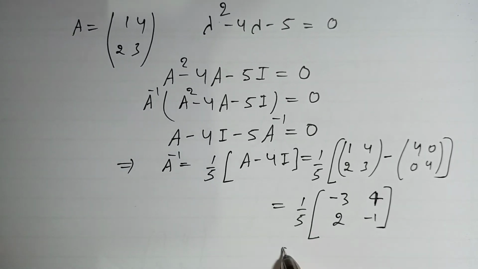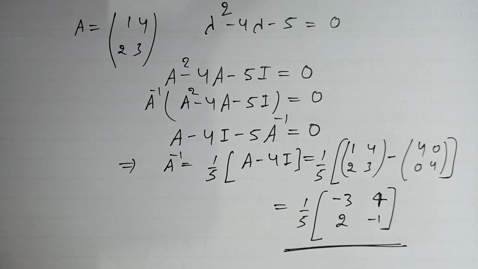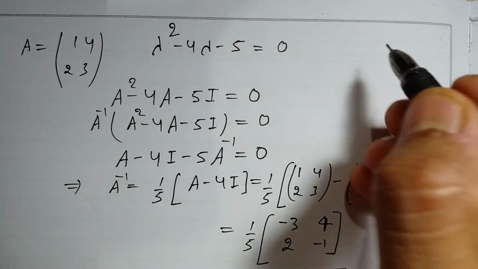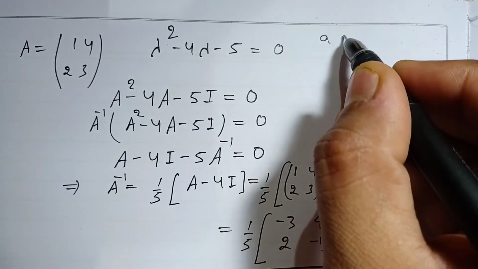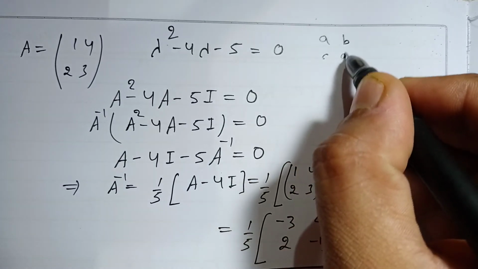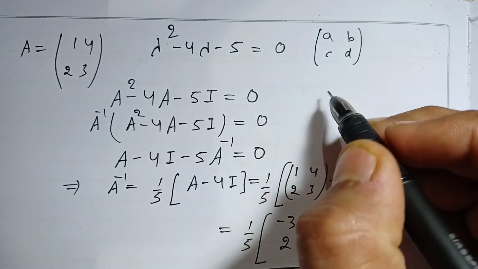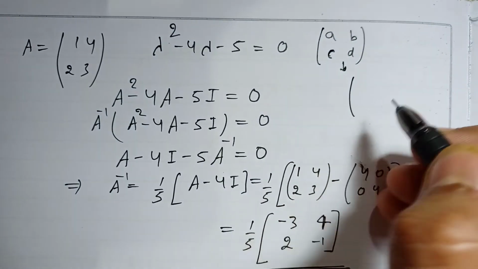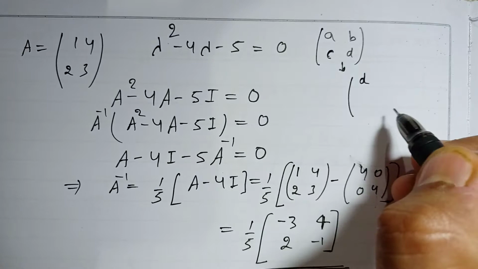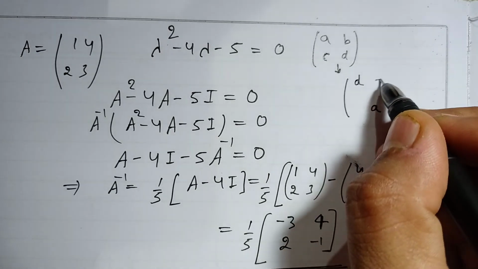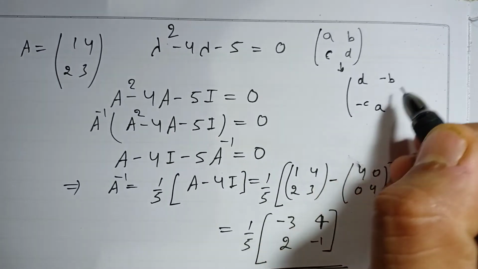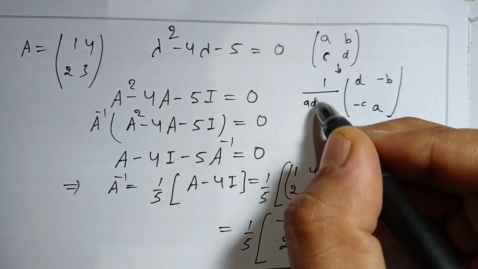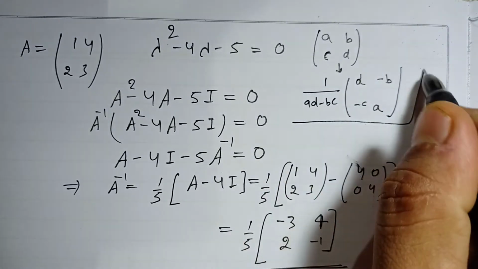Fine, using the Cayley-Hamilton theorem we found the inverse. We can verify it also. We know that if [a b; c d] is a square matrix, then its inverse is 1 by determinant times [d -b; -c a], where the determinant is ad minus bc.